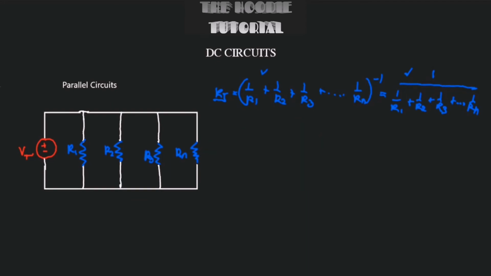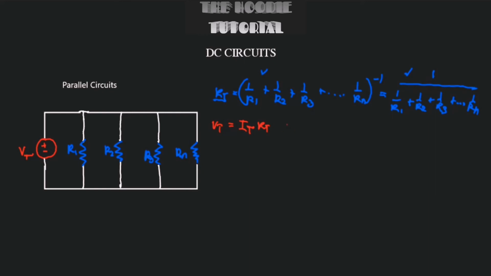How about the total voltage? Based on Ohm's law, we can use the total current multiplied by the total resistance. In parallel circuits, whatever value the total voltage has will be equal to the voltage flowing through R1, R2, R3, Rn, and so on and so forth.